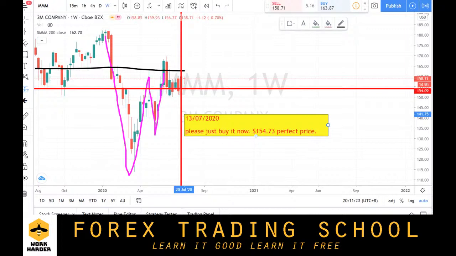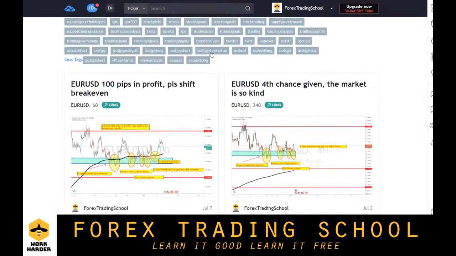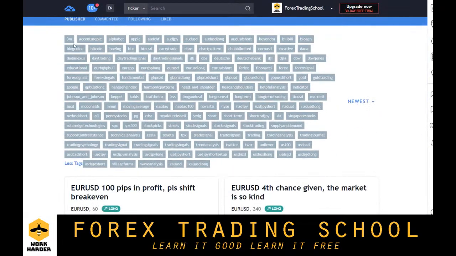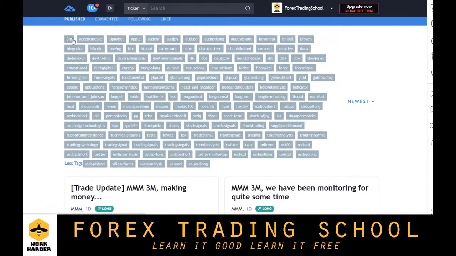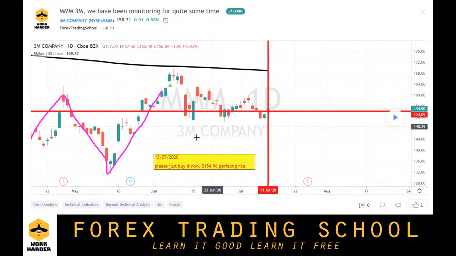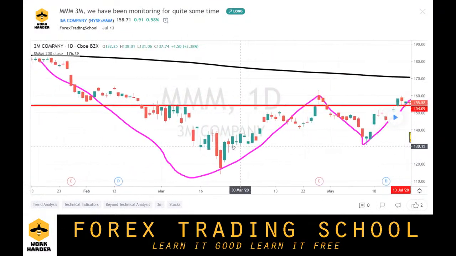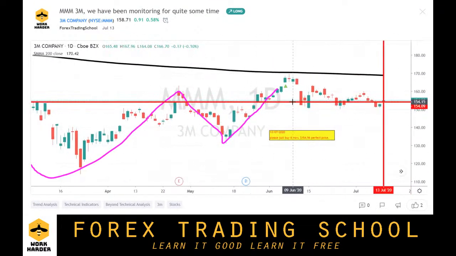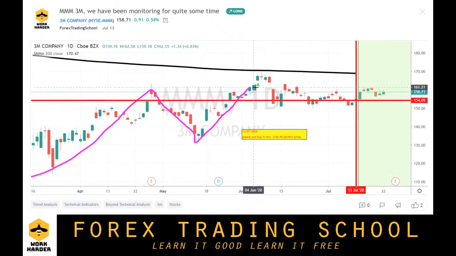Okay, for new viewers, if you haven't seen me talking about 3M, let's click on 3M. These are the trades I published, July 13, July 15. Let's go to the July 13 one. Going forward, over here, nice double bottom formation.